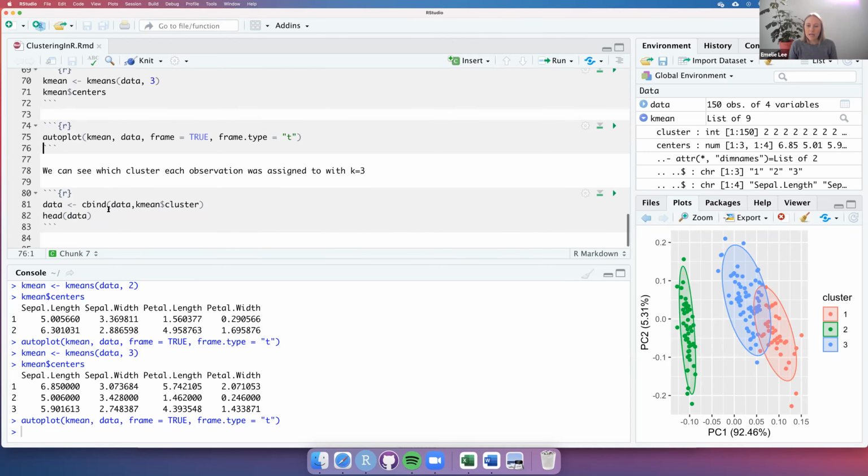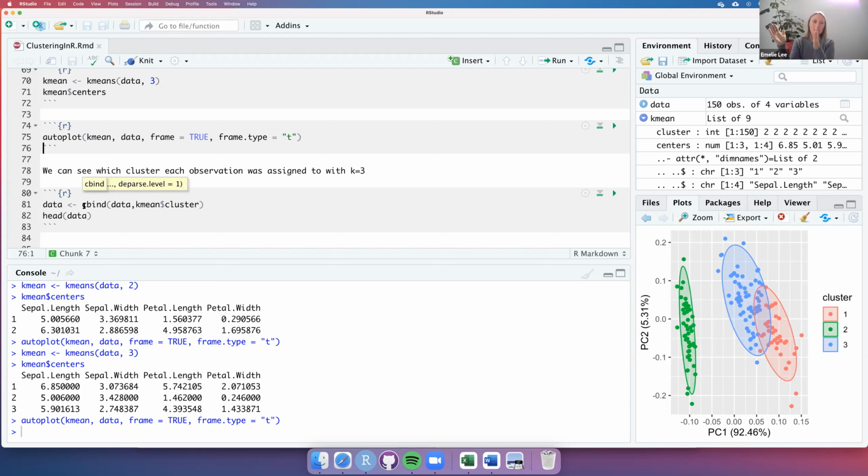So like I said, one of the things that we could do is we could generate these clusters, and then we can add the cluster information. So what cluster was it assigned to? We lose everything else, so we lose the center information, we lose everything unless we add it on, but we don't really need it once we have the clusters. But to add the cluster information, you can use the Cbind, which is a column bind.